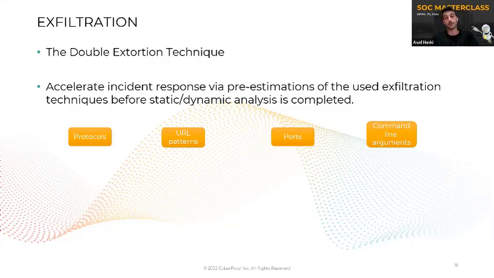So once we track the potentially used exfiltration tool, we can now focus Karina and the threat hunters on specific observables and methods that are likely to be involved in such traffic, including the protocols, ports, and URL patterns on the CNC server that are likely to be observed, but also some command line arguments that are likely to be used by the exfiltration tool, which can actually assist the hunters in detecting specific hosts and endpoints that attempted to exfiltrate the data outside of the organization.